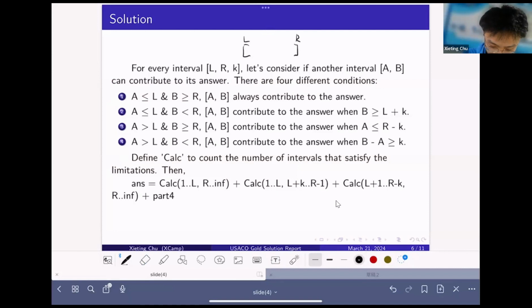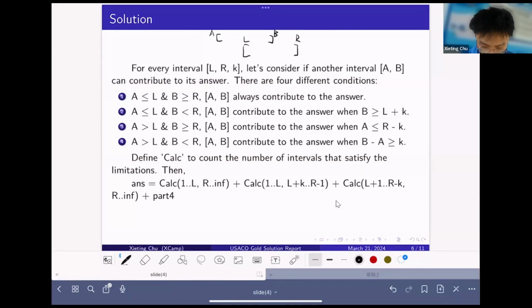The first condition is that A is at the left of the interval and B is at the right of the interval. Then this means that [L, R] is totally included in [A, B], so this [A, B] always contributes to the answer. The second case is A is less than L and B is in the interval.